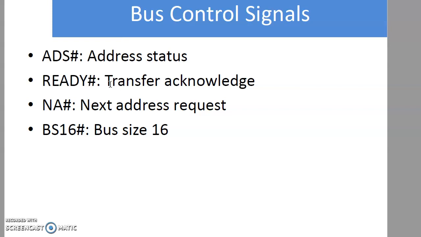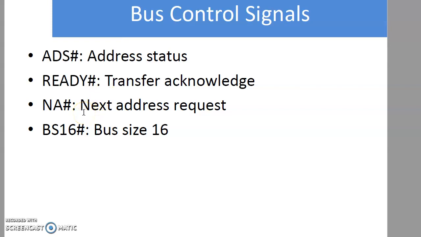So when ready bar is active, if it's a read machine cycle, there will be a read from the memory into the data bus. When ready bar is active and it's a write machine cycle, then values from the data bus will be copied into the memory.